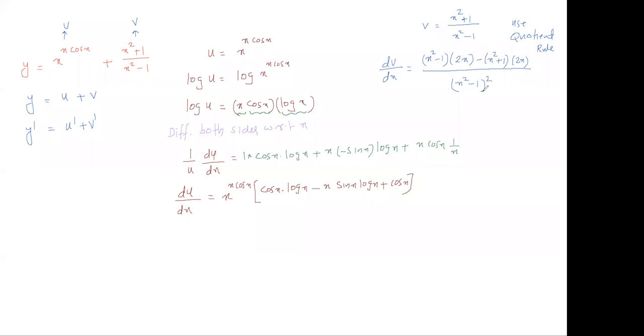So what we did is we applied the quotient rule: denominator into derivative of numerator minus numerator into derivative of denominator divided by denominator square. So you can simplify that. x square into 2x, that is 2x cube, minus 2x, minus 2x cube minus 2x, the whole divided by x square minus 1 the whole square.